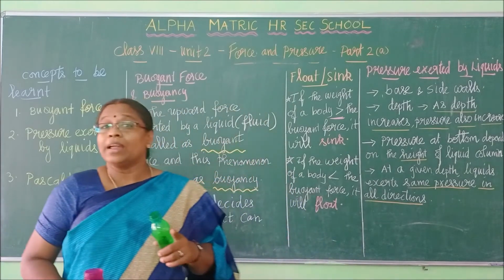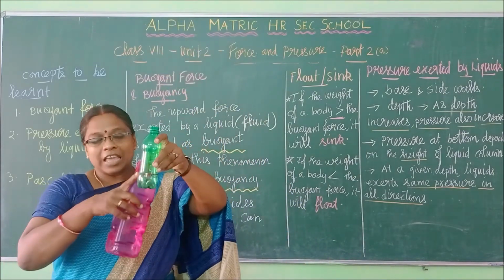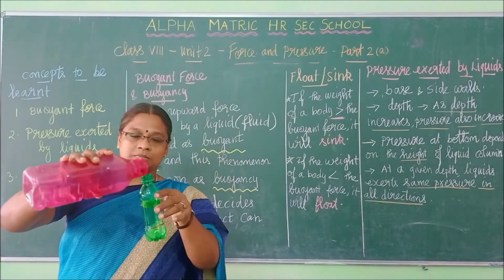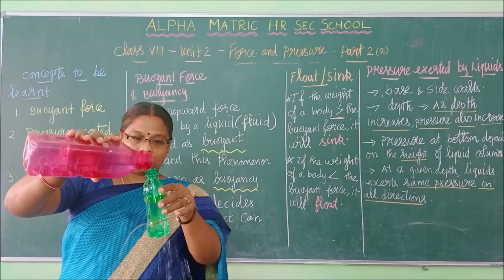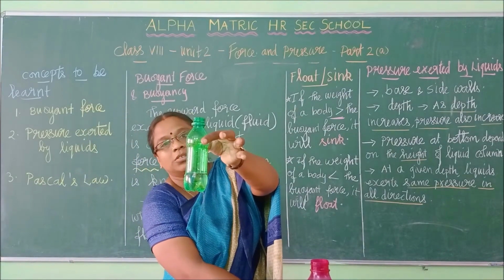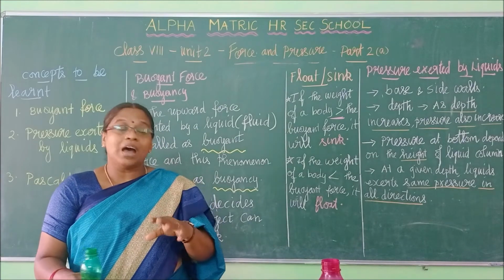Before, I had made holes at different depths. Now you see, I have made the holes at the same depth. See this. See how the water is flowing out? The water is flowing out with the same speed.